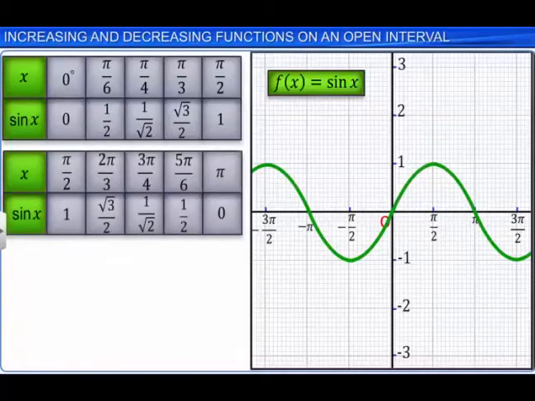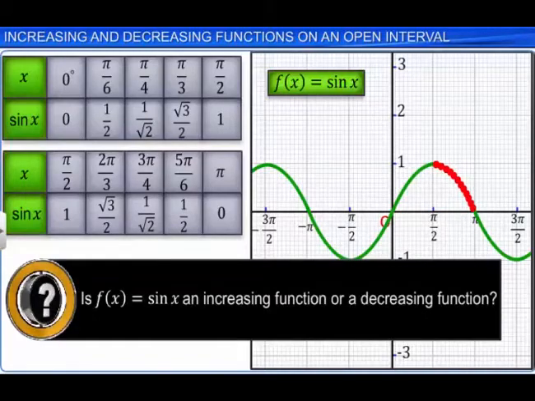And as x increases from pi by 2 to pi, sin x decreases from 1 to 0. In other words, the height of the graph decreases as we move from pi by 2 to pi on the x-axis. Now, what do you conclude out of this discussion?